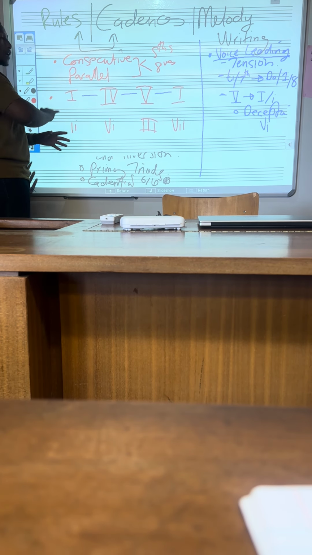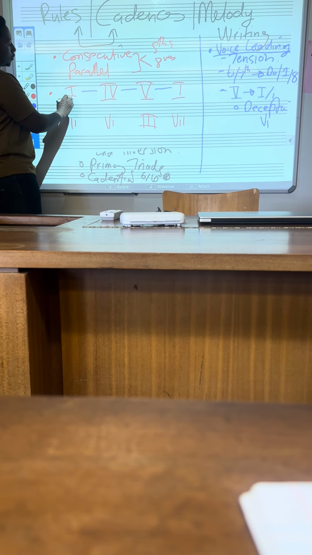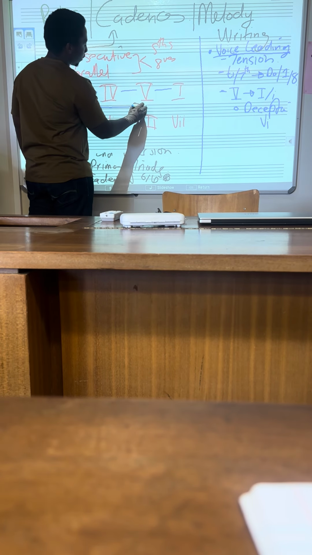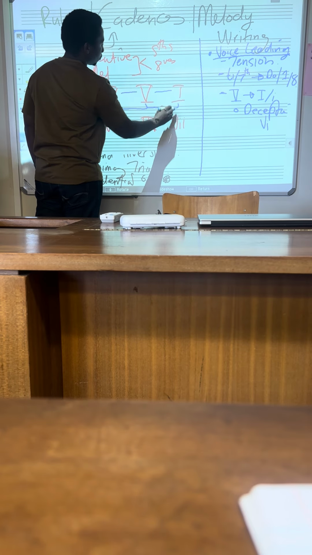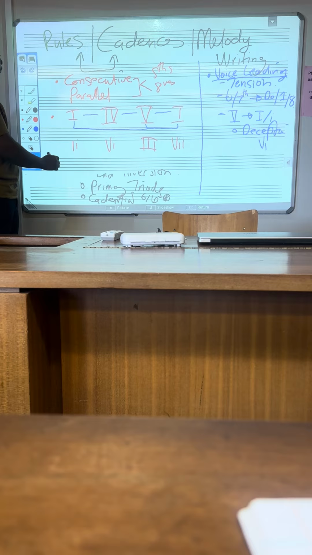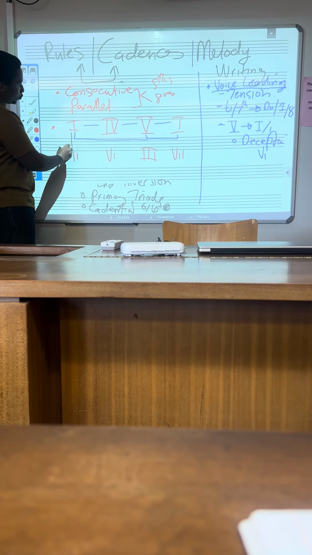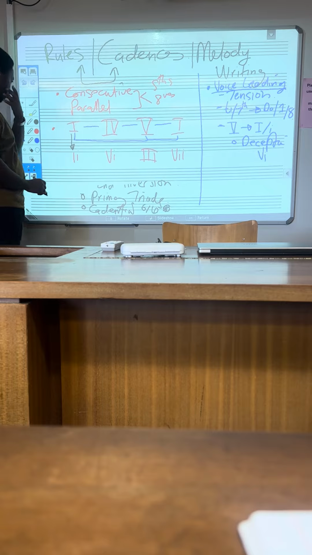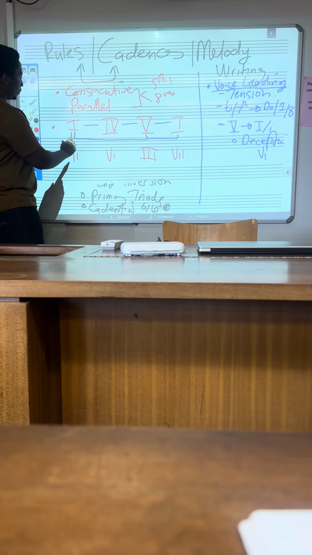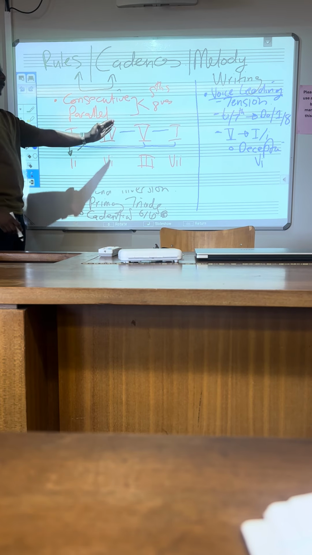Or there are other alternative directions that you can go. You can go from 1 straight to 5, into 1. You can also do that. You can go from 1 to 2, you can go to 4, 5.